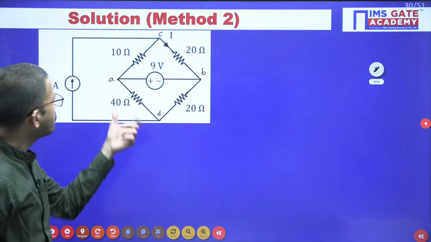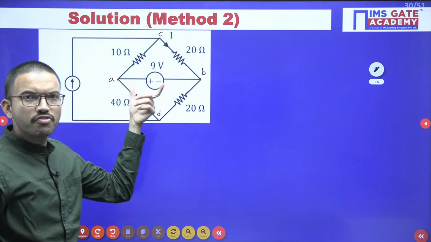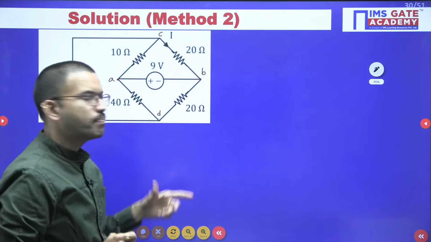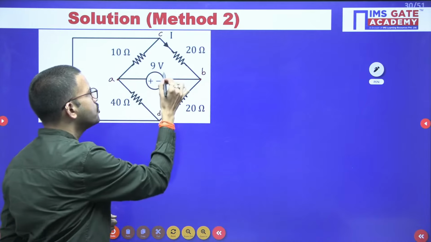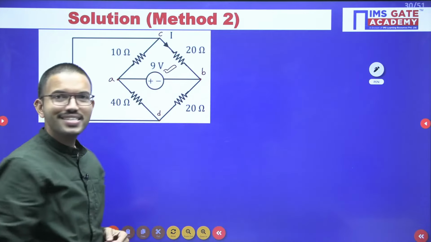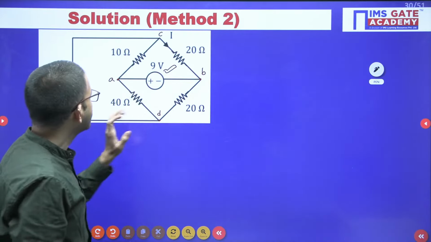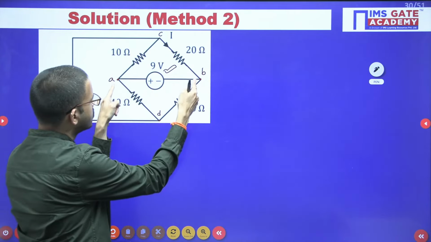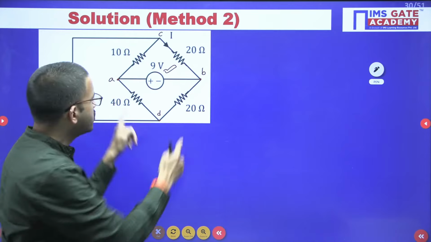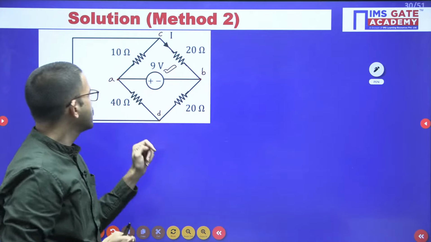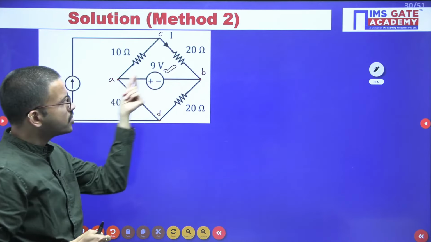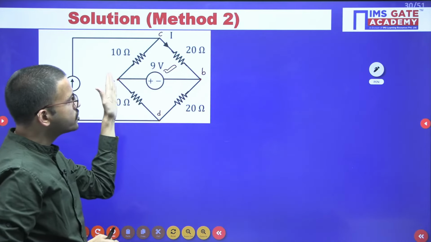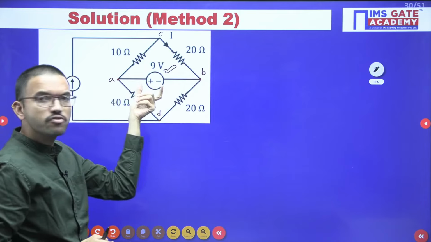Okay, now just observe, from the given circuit, between the nodes A and B, you know the voltage source value, that is 9 volt. That means this 9 volt is nothing but the voltage difference between these two nodes. For example, if you are considering this is 10 volt and this 1 volt, 10 minus 1 is 9 volts, or 11 volts, 11 minus 2 is 9 volt.